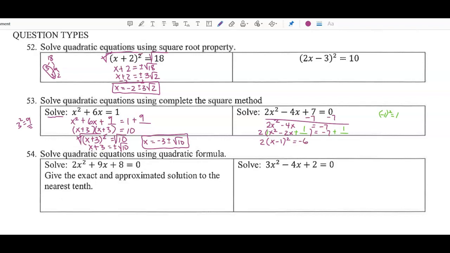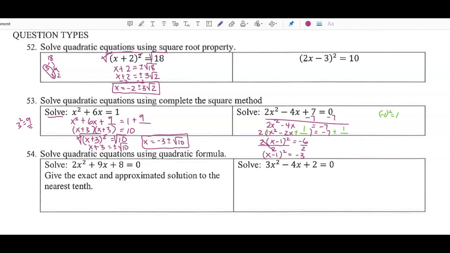Okay. And then to solve it from here, remember we need to have that part that's all squared by itself, because we would take the square root of that. So let's divide both sides by 2 here. So that gives me x minus 1 all squared equals -3.